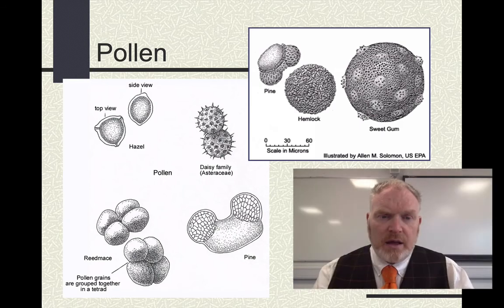Some of the common types shown here: daisy, hazel, which has got three pores or three holes in the pollen. Pine then is a very, very distinctive shape of pollen. So you can see they're all recognizable. You can also see from the scale here on the top diagram just how small these things are.